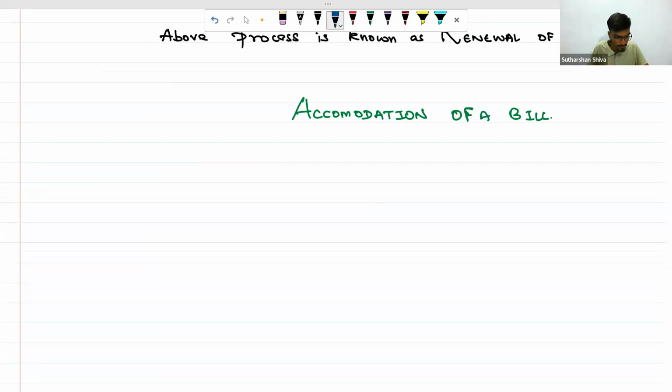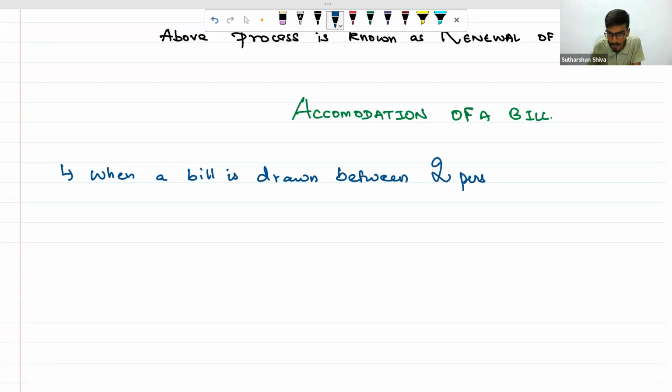Suppose there are 2 persons to accommodate each other's needs. I need some money and you are also needing some money. So to accommodate ourselves, we draw a bill on both persons' names. That is known as accommodation bill, when a bill is drawn between two persons for accommodating each other.